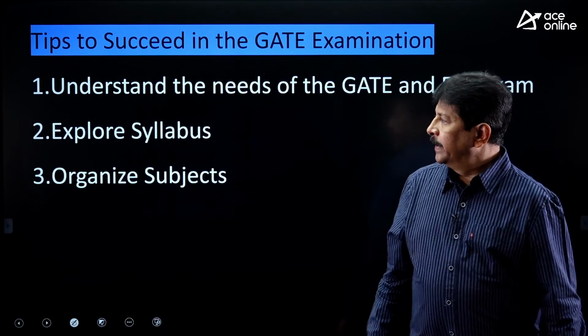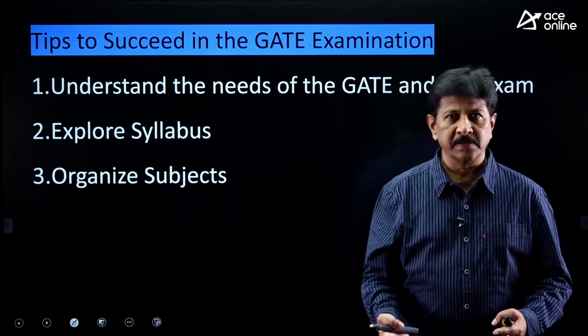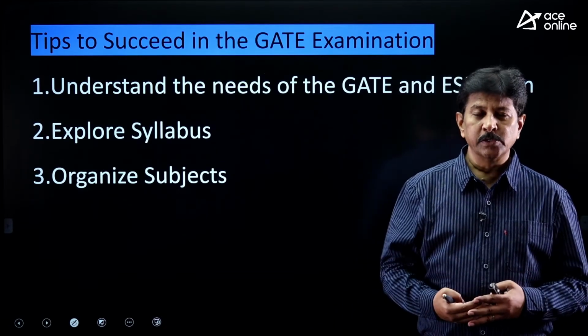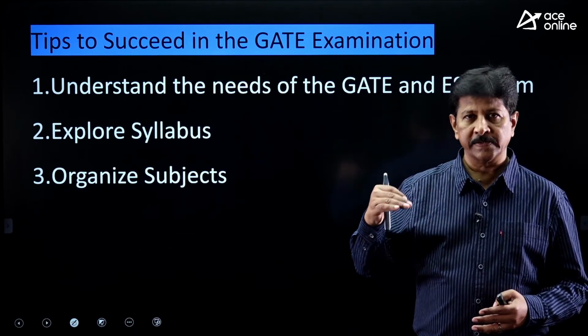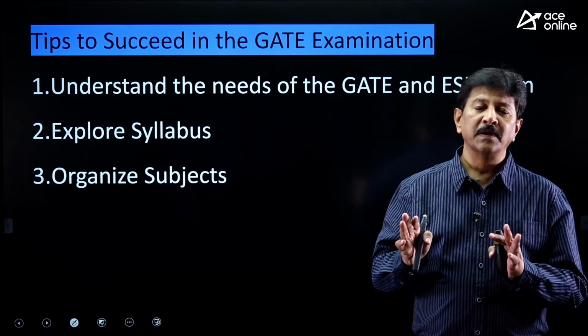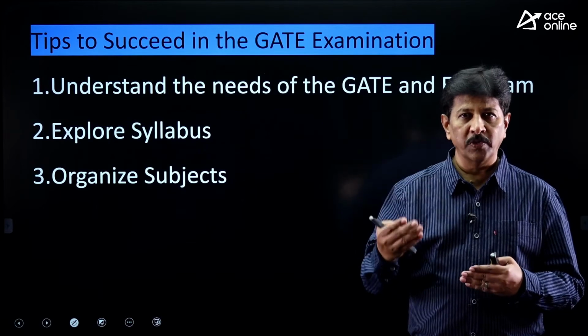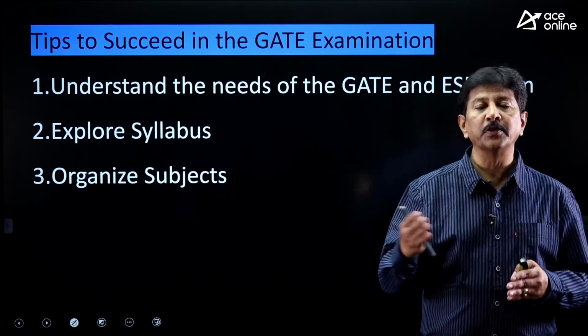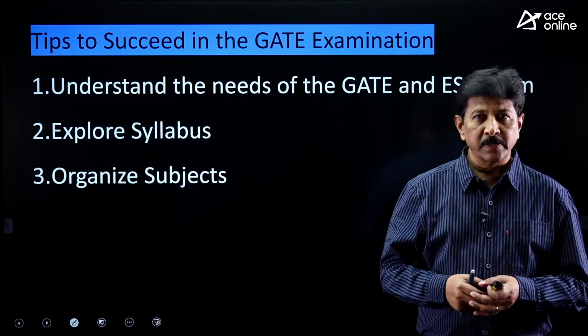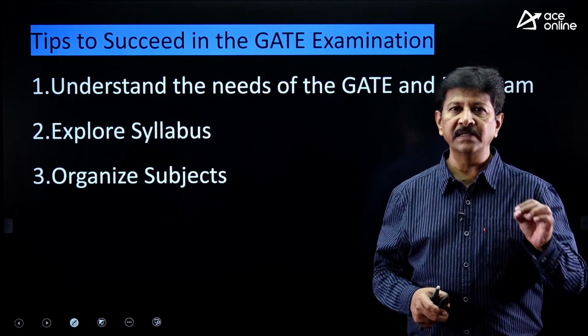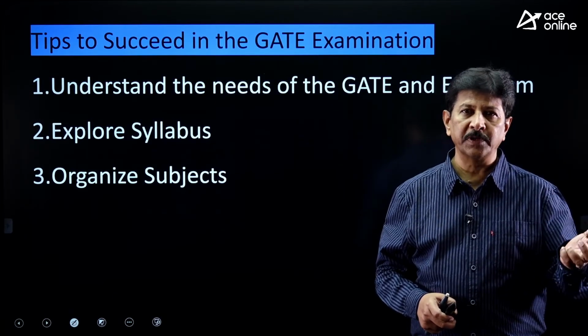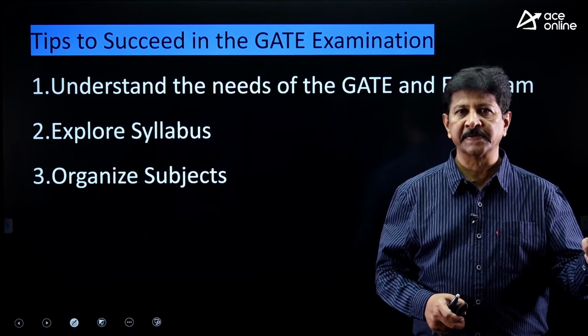Next one is to organize the subjects. Of course, I am telling this in general. So keep CO at an appropriate place. My suggestion is, once the digital part is over in your preparation, then only come to CO, because most of the topics in CO require the concepts of digital electronics.